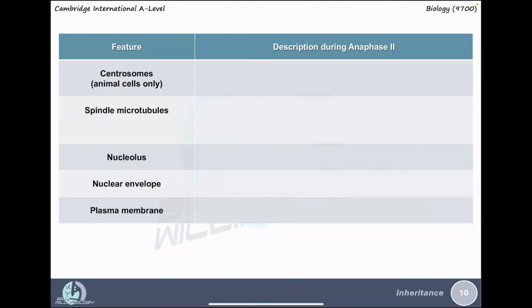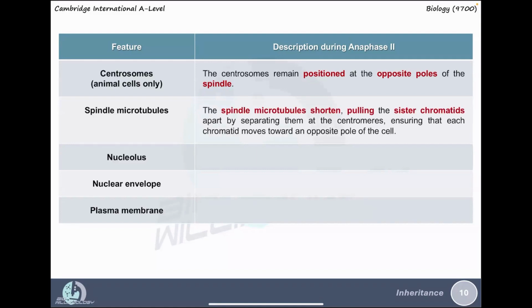How about the centrosome? The centrosome remains at the opposite pole of the spindle, and the spindle microtubule shortens, pulling the sister chromatids apart by separating them at the centromere. Why? Because the centromere is divided equally. This ensures that each chromatid moves towards the opposite pole of the cell.